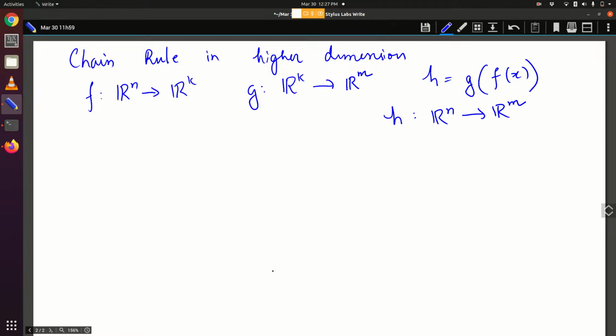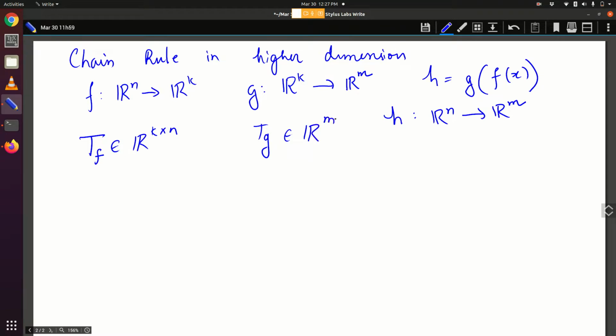So what is the dimensionality of the total derivative of f? It is going to be k cross n, and the derivative of g will belong to m cross k.